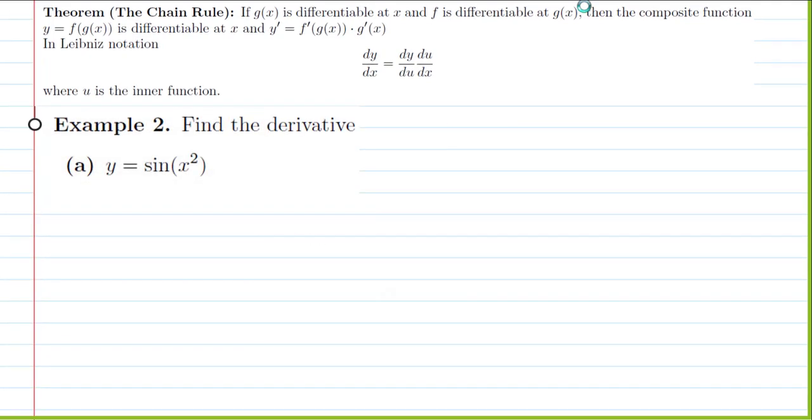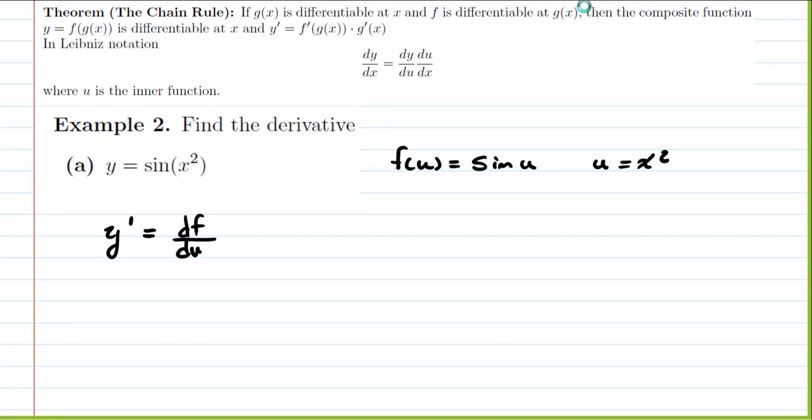From example 1, we know f of u is equal to the sine of u, and u is equal to x squared. So y prime is equal to df du times du dx. I've just written down the chain rule.